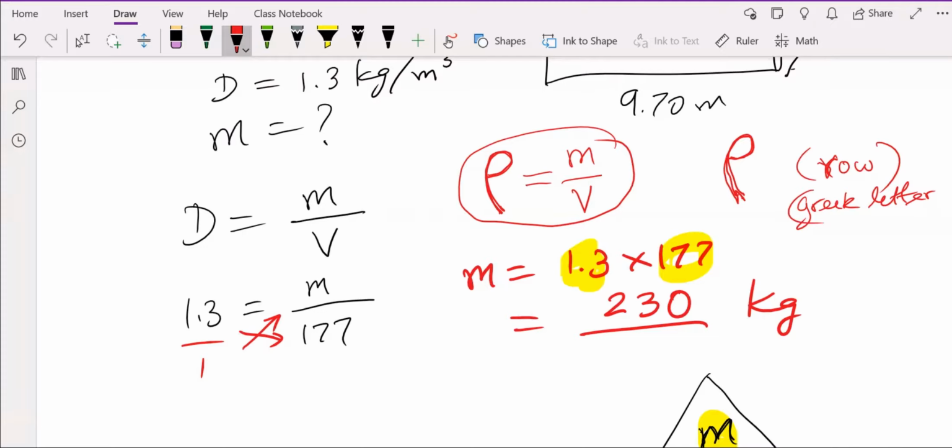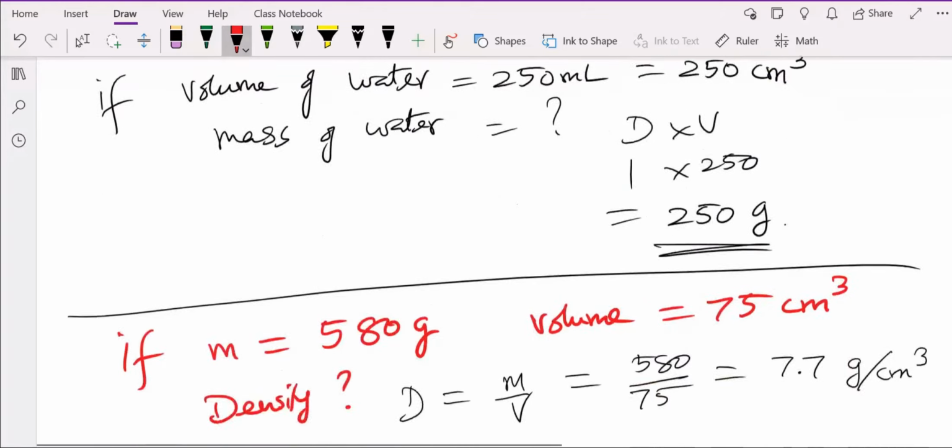It's a Greek R. So rho is a symbol that we are going to use. In fact, your textbook also uses rho as a symbol for density. So although I said D as density, understand that rho is a very common symbol that is used.